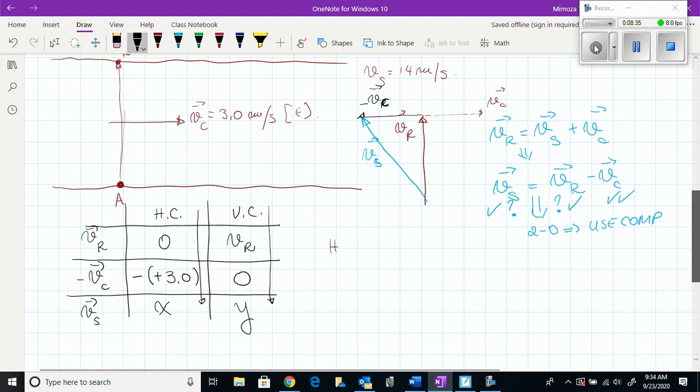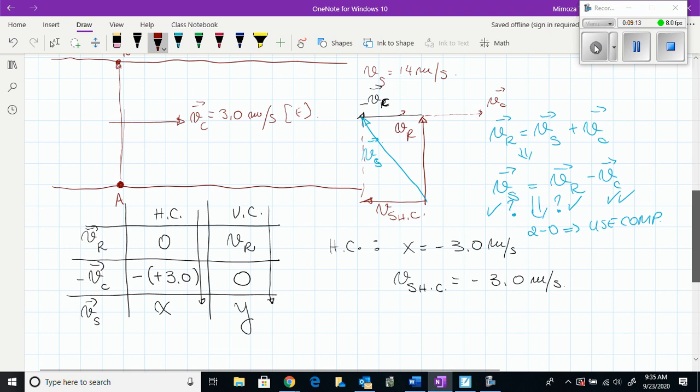But from the horizontal component, what we know is that the x component is equal to negative 3 meters per second, which means that the horizontal component of the swimmer is equal to negative 3 meters per second. And the vector diagram tells us this.